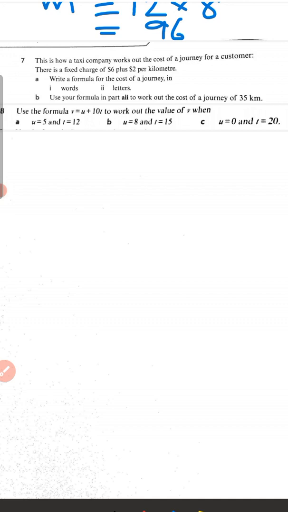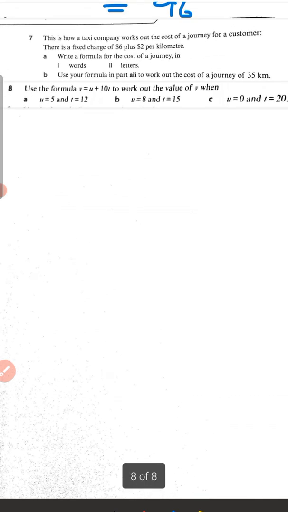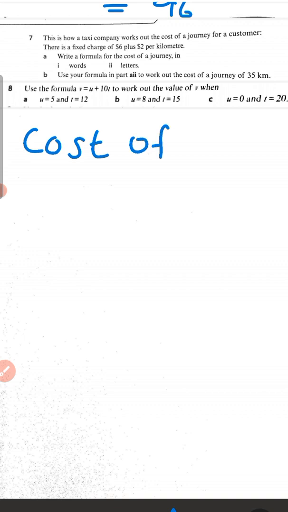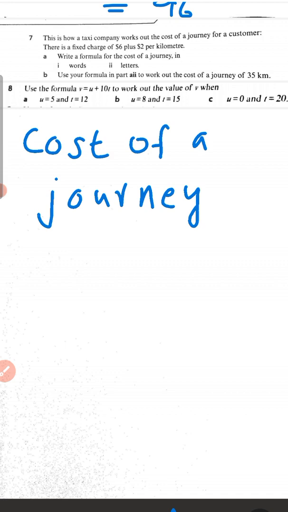So write a formula for the cost of a journey in words and in letters. So we can write this as, first in words, cost of a journey is equal to fixed charge.